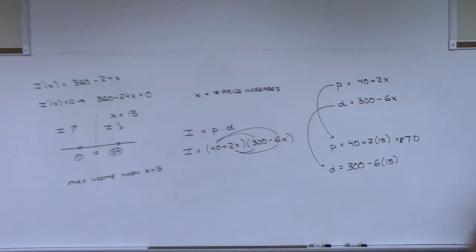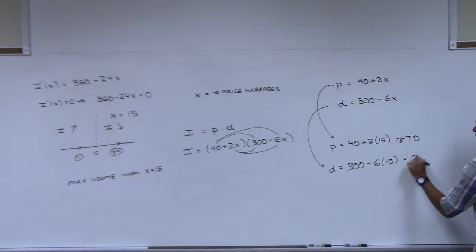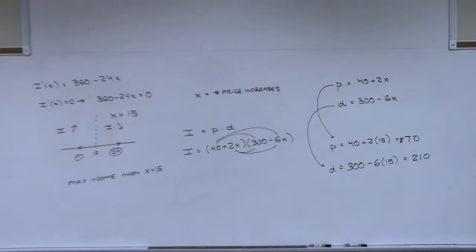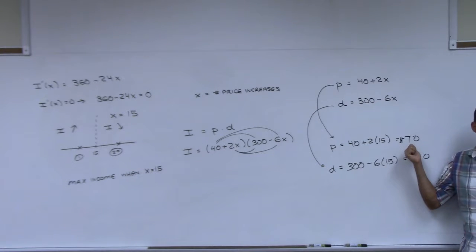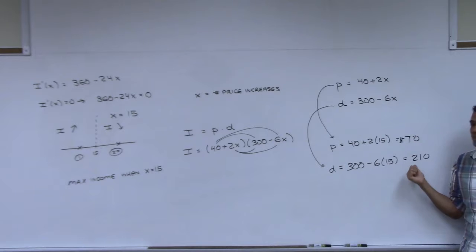So 6 times 15, what's that? 90. So if you take 300 and subtract 90, what do you get? 210? So we're going to be charging $70 a car for the day. We should expect that we're only going to have 210 people rent vehicles now because our prices are higher. But this is going to maximize our income.